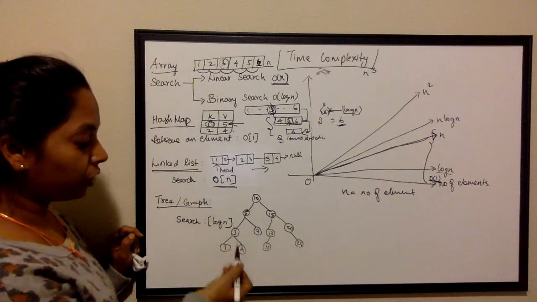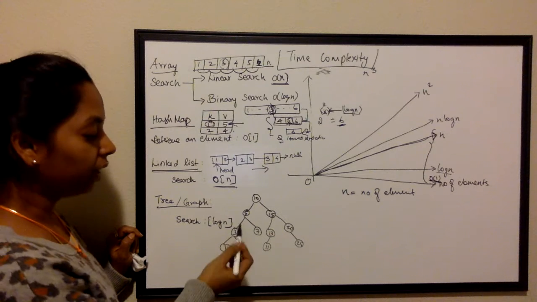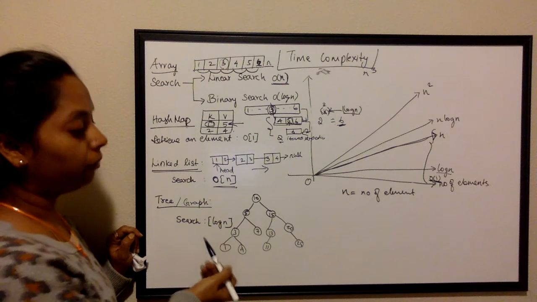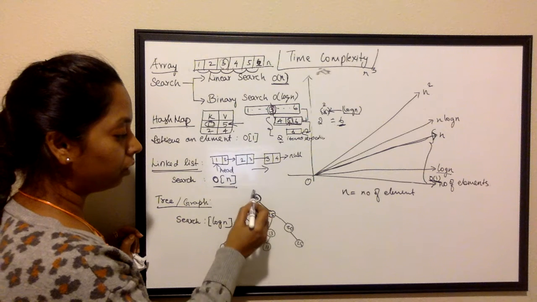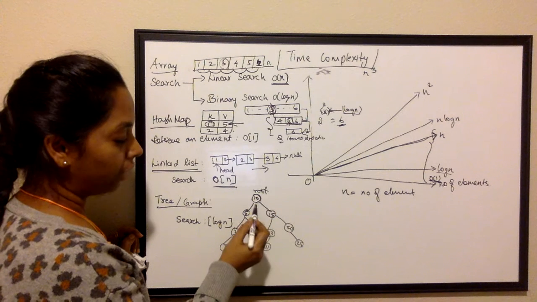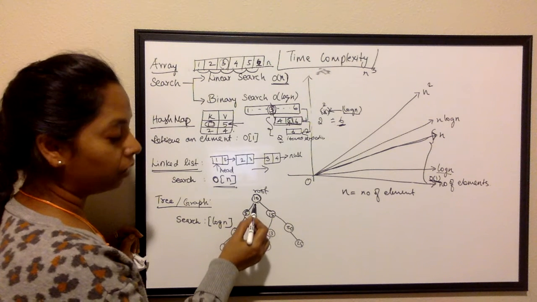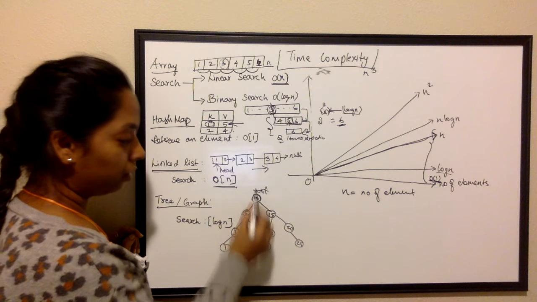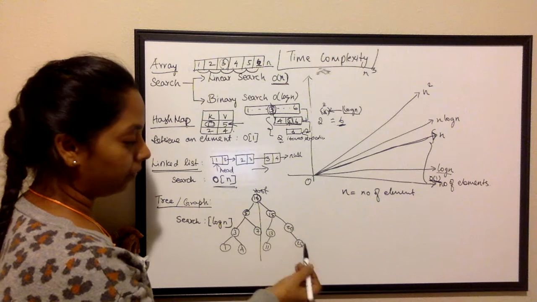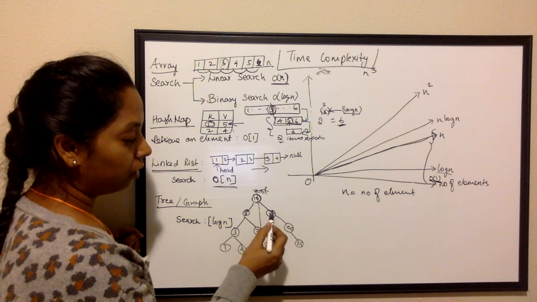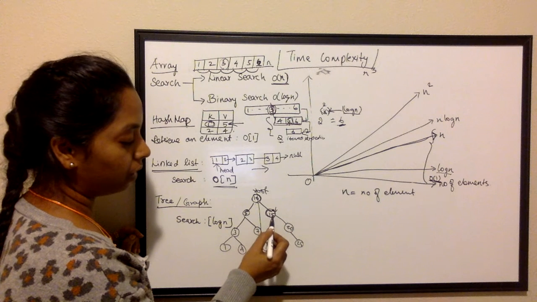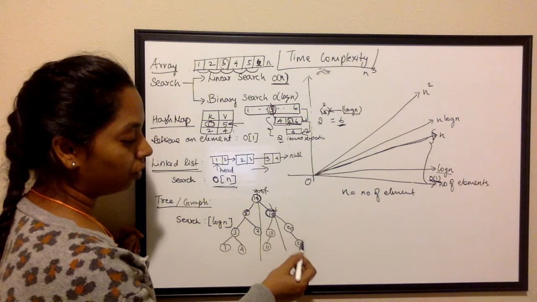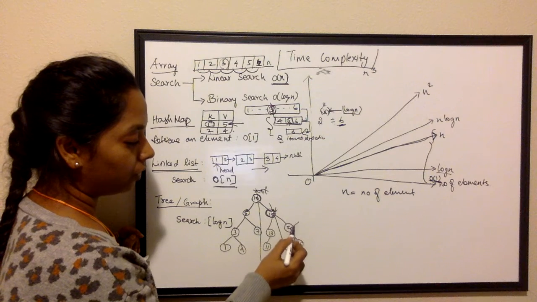Trees are a special case. If you want to search for an element like 20, what do you do? You come to the root and check if 20 is greater than the root. Yes, then you go to the right and check again. This is now the root; if it is greater than 15, yes, so you go to the right and check this element.